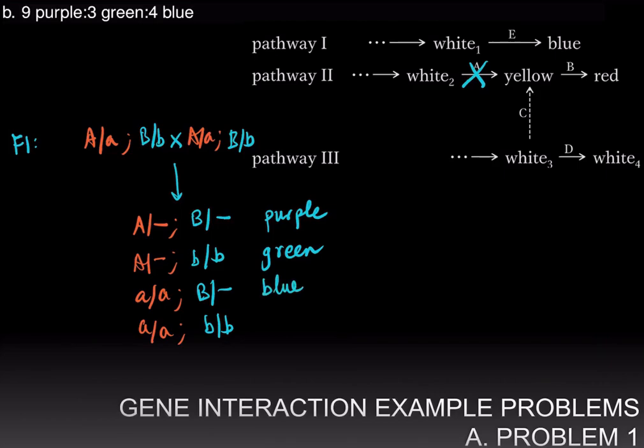And in the last double mutant, you are homozygous for the mutant alleles of both the enzymes, and it doesn't matter because if you are a mutant for A, then you will remain stuck at the white 2 intermediate, and your phenotype is going to be blue.